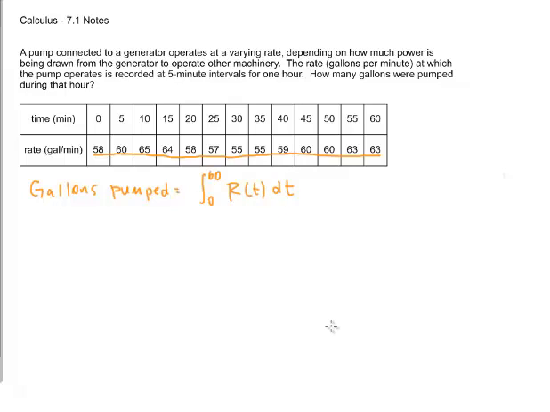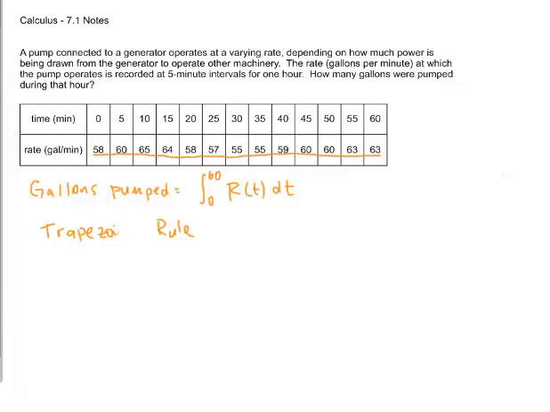We're not given a rate function, but we are given a series of points and some information that matches that. So instead of looking at it as an integral now, what we're going to do is check this guy out with the trapezoid rule. Because this is an easier time to use the trapezoid rule since we aren't given a specific function to work with.